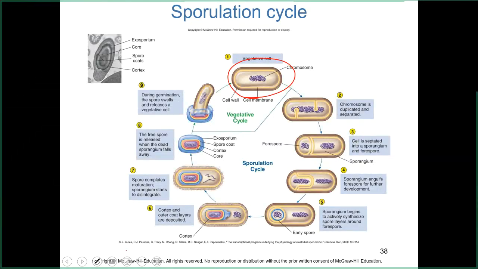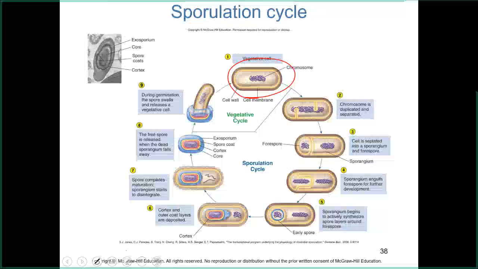So I'm going to go through sporulation. And so they have to copy the chromosome and then sequester the part that's critical, the part that contains genes that are essential, and they move it into what's called a forespore.